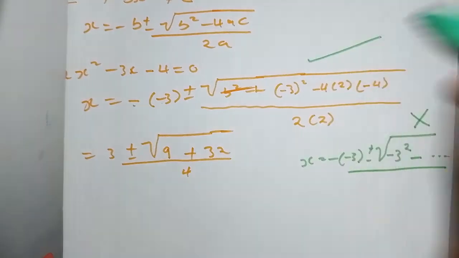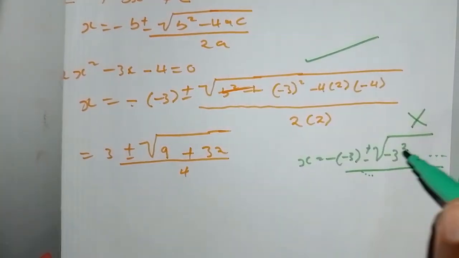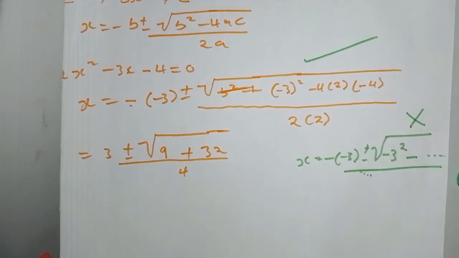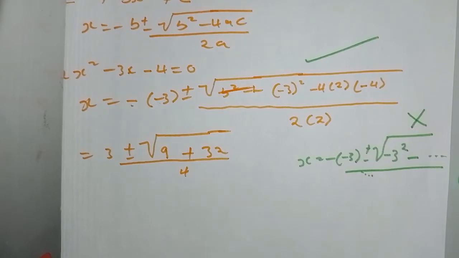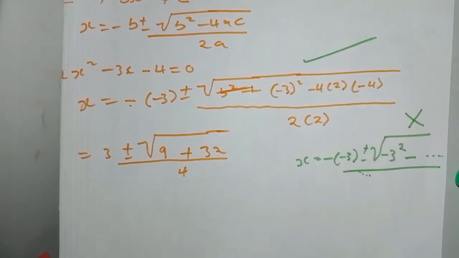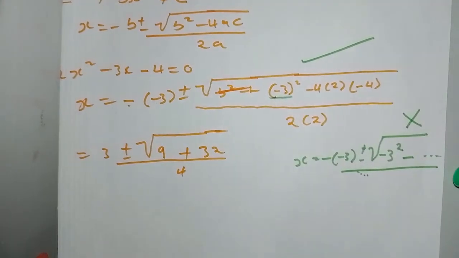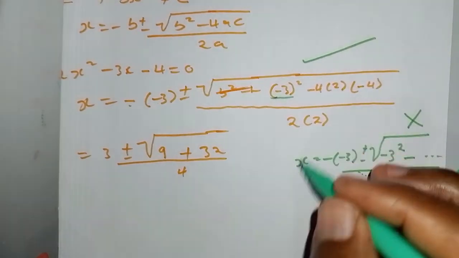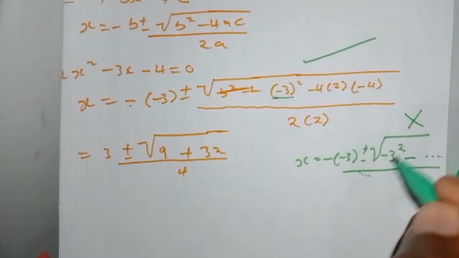This is how you should apply it, right? Once you have a negative, actually just learn to put brackets when you substitute, be it a negative or a positive. So this is very wrong. This will give you a very wrong answer.